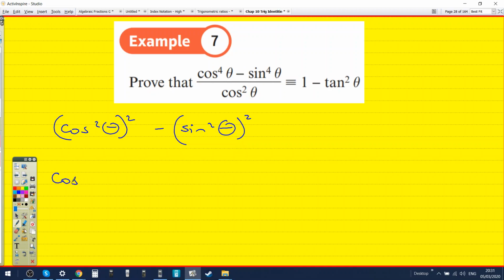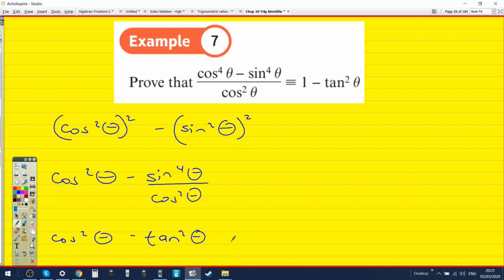So you got cos squared theta, and then basically you'll get minus sine to the 4 theta over cos squared theta. So you said that that would be tan squared theta. What would be left over? Would that be cos squared left over? Sine squared theta left over.